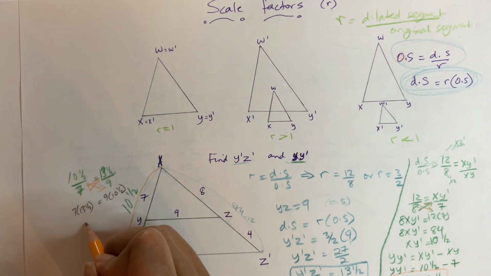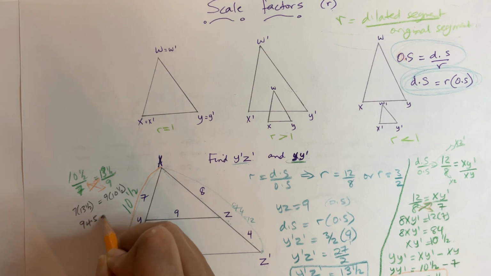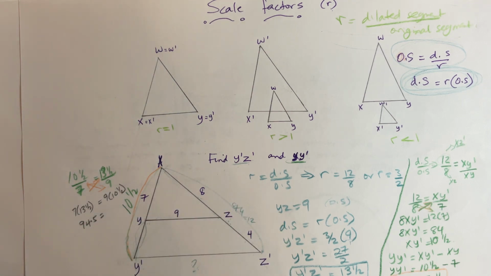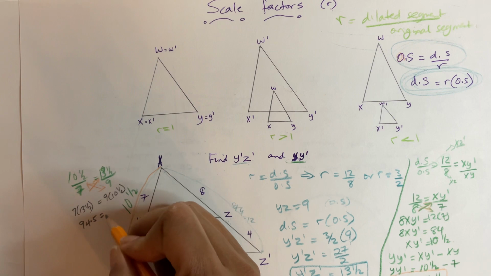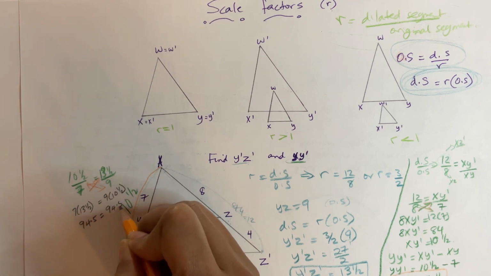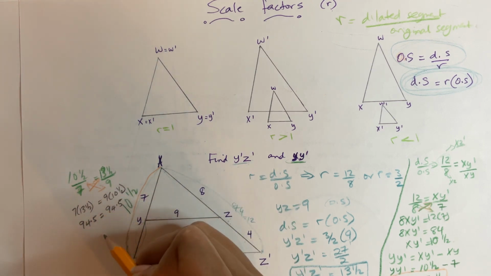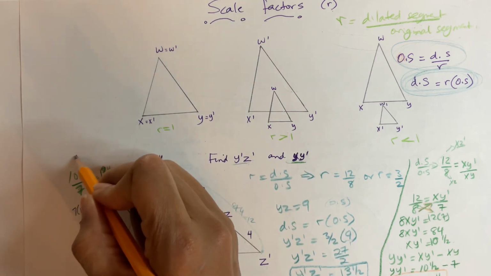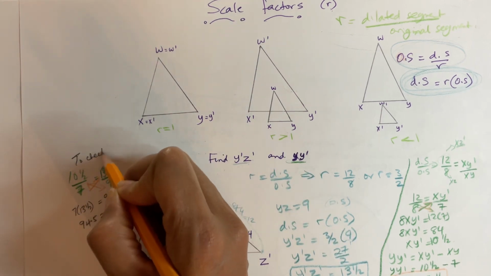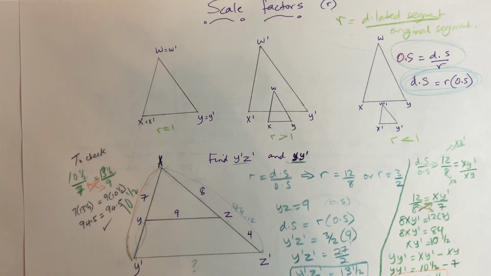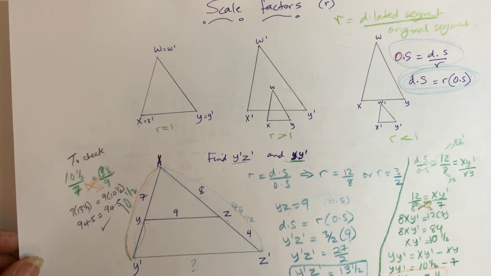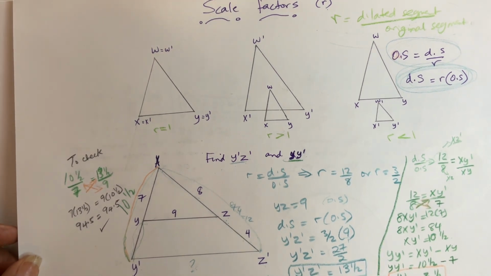So you're going to get 94.5 here, and for the other side, 9 times 10.5, you're going to get 94.5. Now the number on the right is equal to the number on the left. Yes, and that's how you check your work. Once you get the number on the right equal to the number on the left-hand side, then yes, your answer is correct.